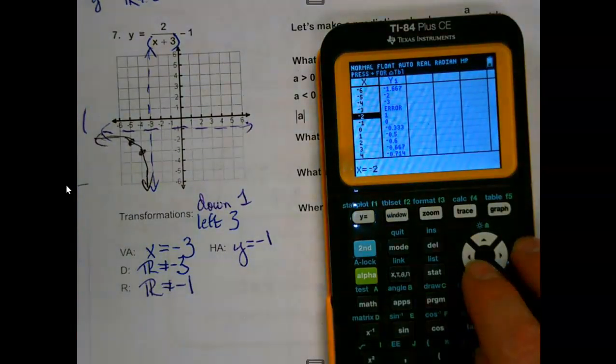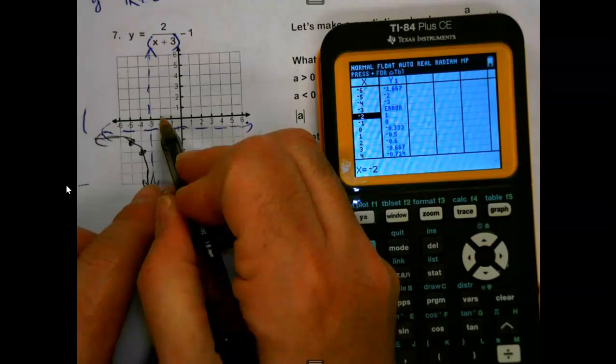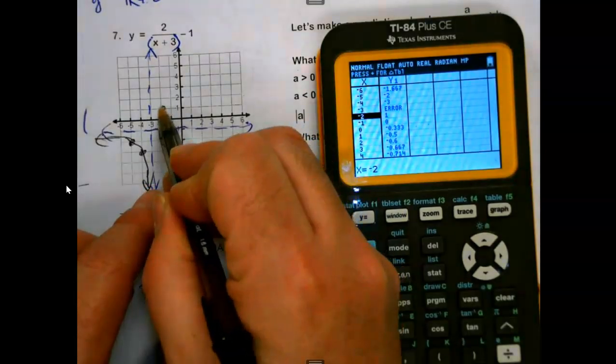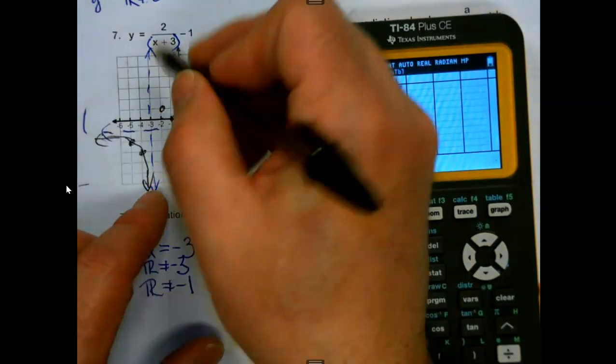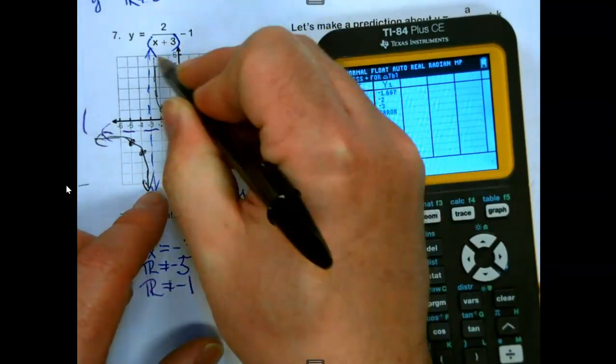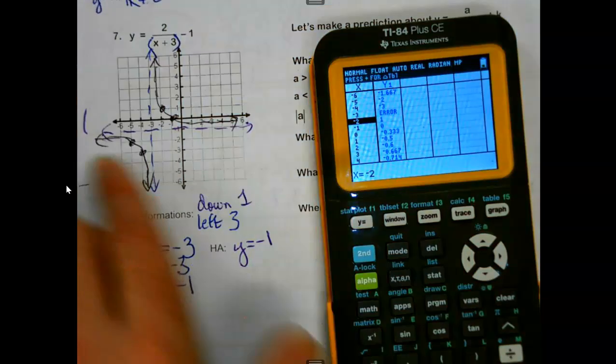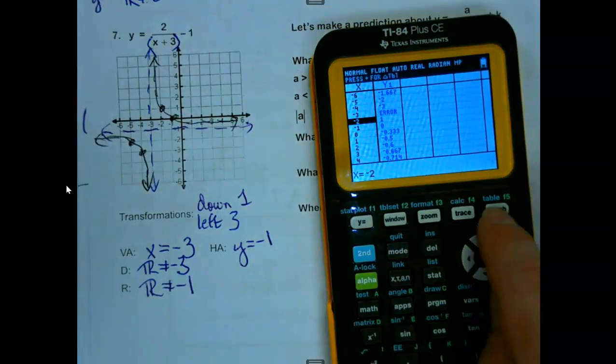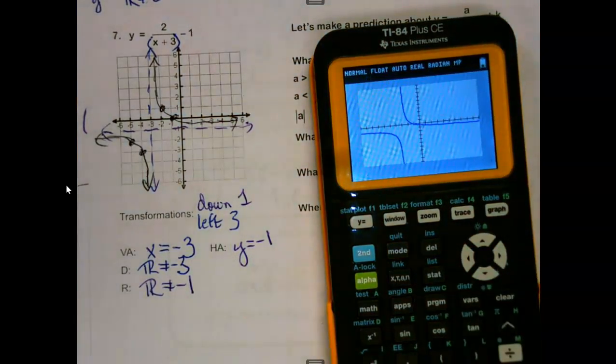And if I go to the other side, -2, 1, -1, 0. And again, your branches are hugging your asymptotes, but they don't cross them. So I put in all of my good information right away and didn't have to do much else.